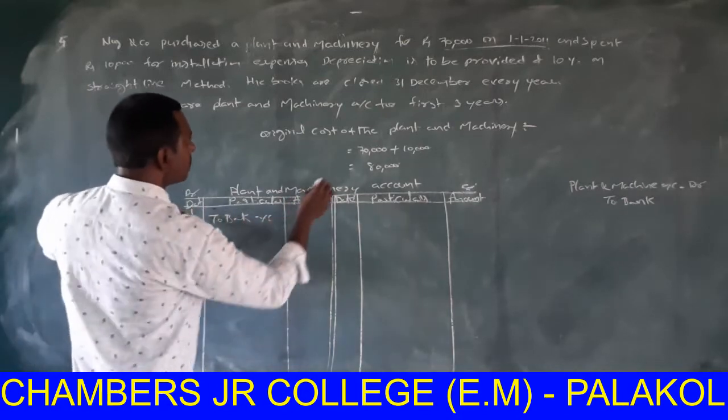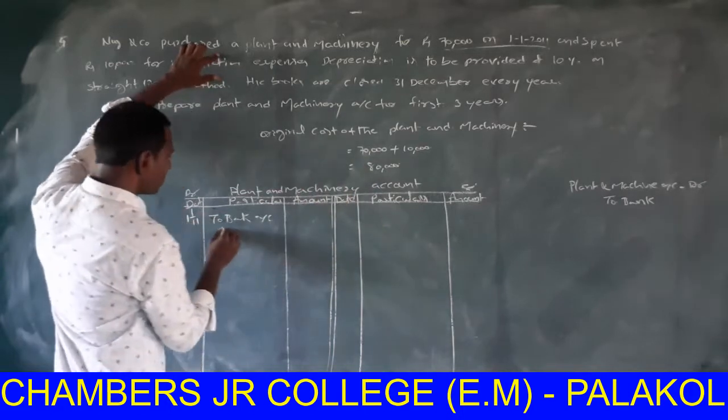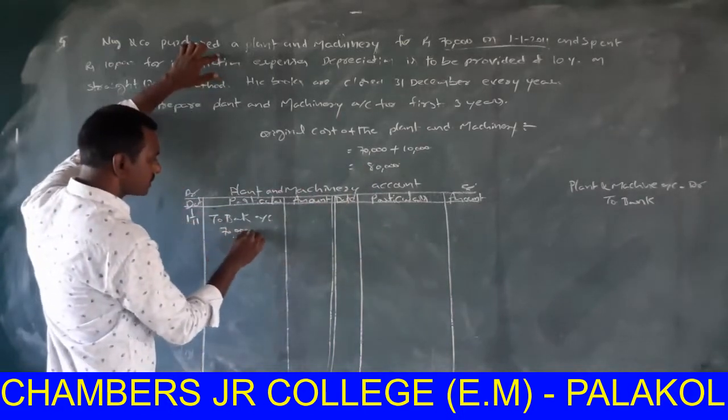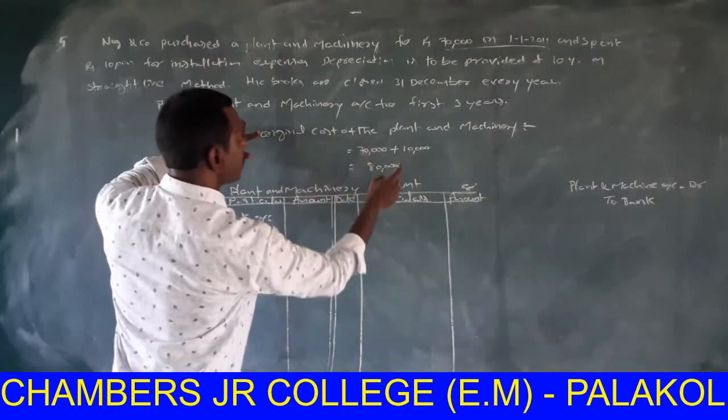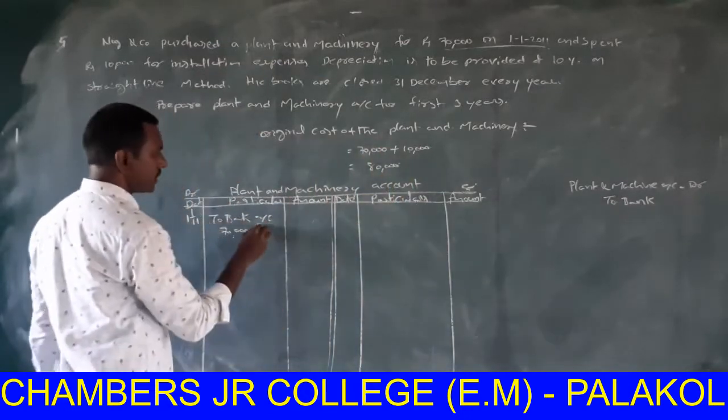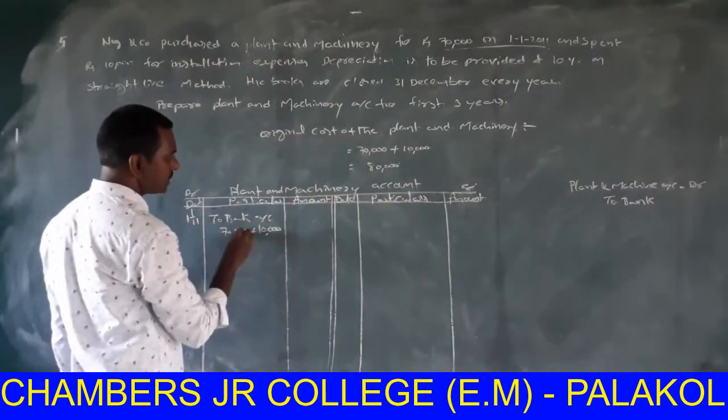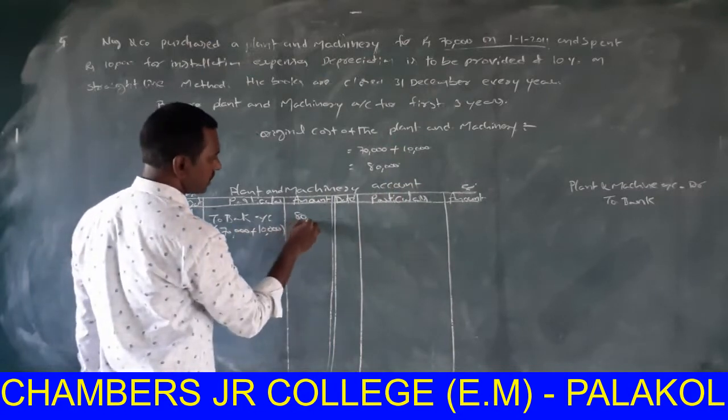In brackets, the purchase price 70,000 plus installation price 10,000. Original cost of the plant and machinery, total 80,000.